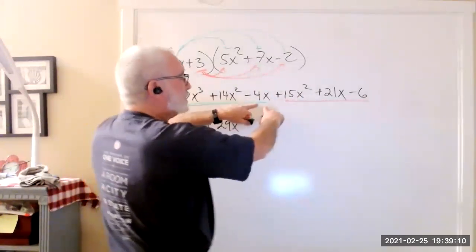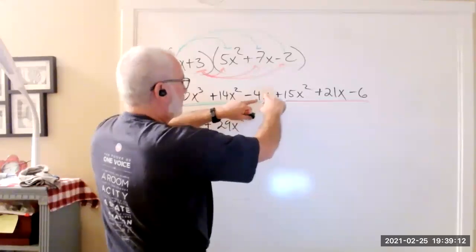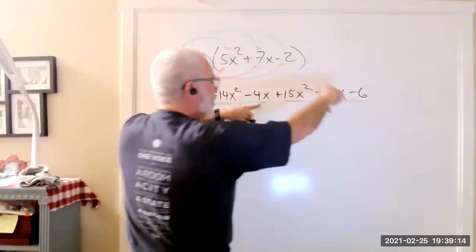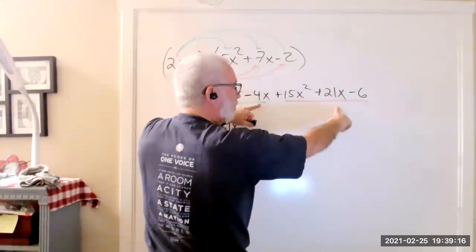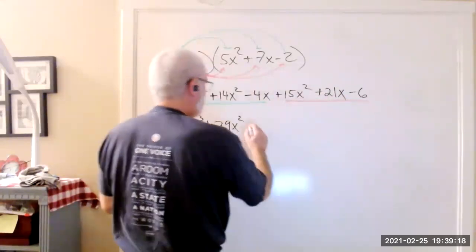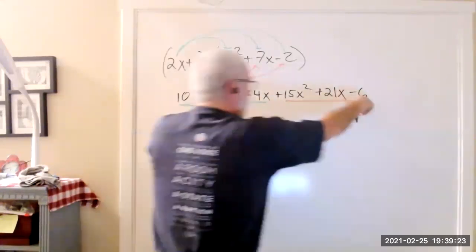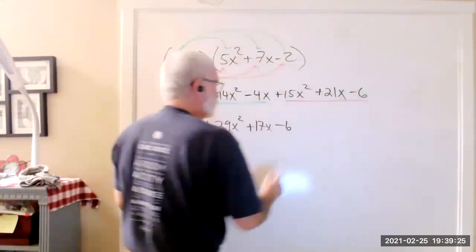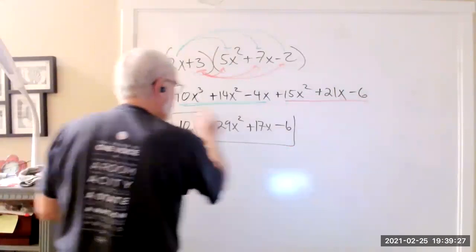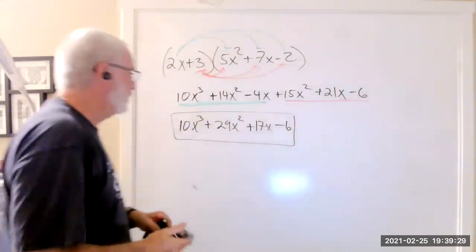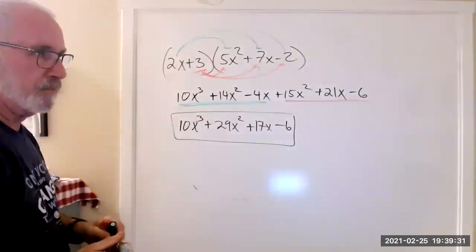Are there any x's? Yeah. -4 here, plus 21 here, makes 17 x's. And the -6 just comes down because there's no more numbers. So that's my final answer.